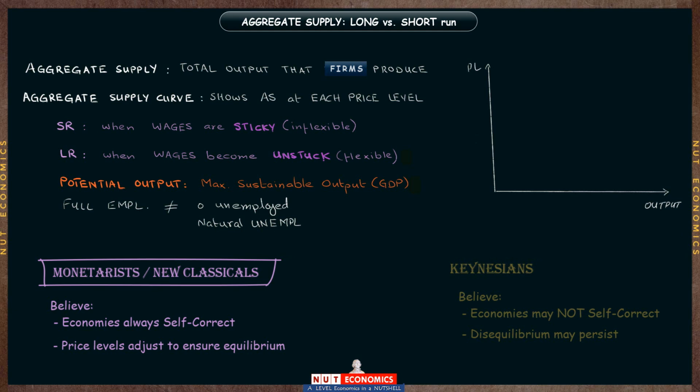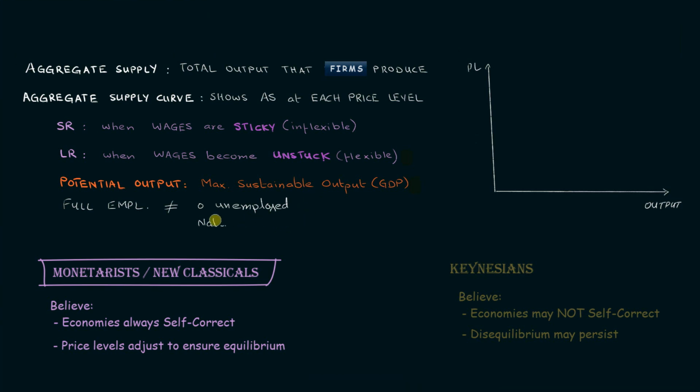So those are a few confusing things that you need to understand, and you'll see why they are important as we go on. Potential output is the maximum sustainable output that a country can produce. At this potential output, there is full employment, which doesn't mean zero unemployed, but it means that there is only a small amount of natural unemployment in the economy. Now, once you know these things, let me now tell you the shape of the short-run aggregate supply curve.